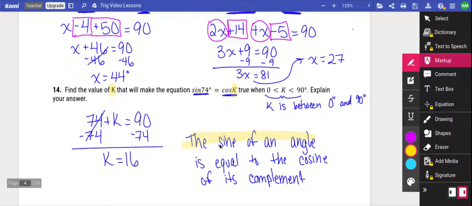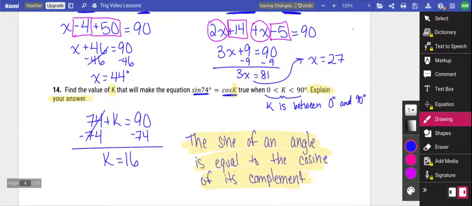Again, there's that phrase that I said before was super important. So if it says to explain, that's what you're going to write. That's the big takeaway from today's lesson of the relationship between sine and cosine.